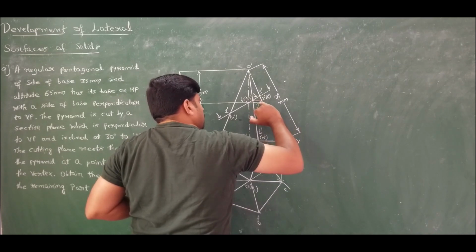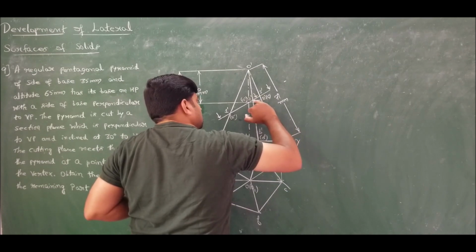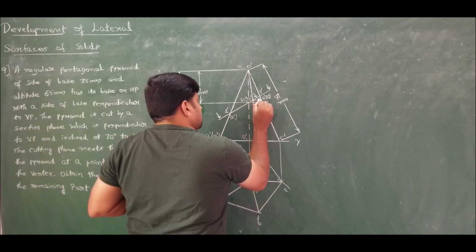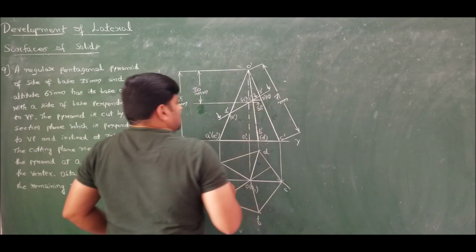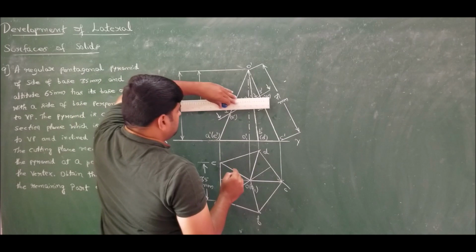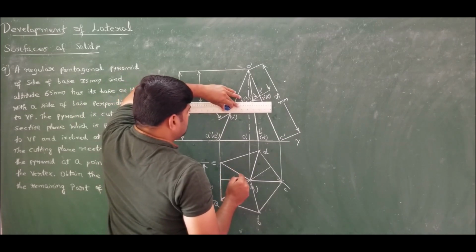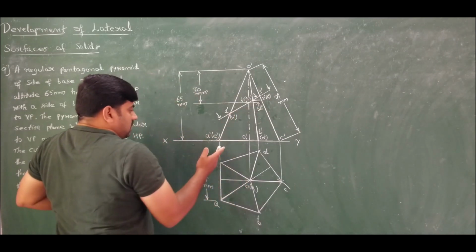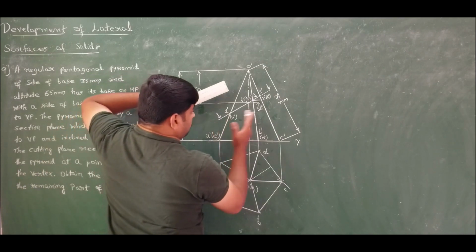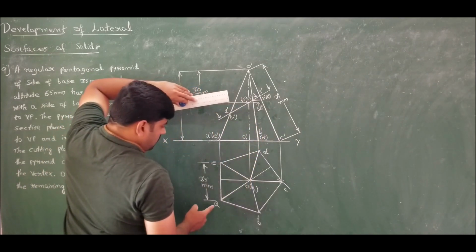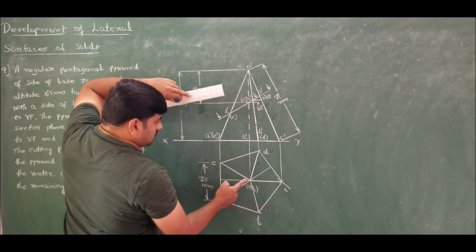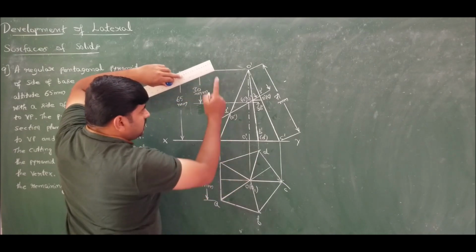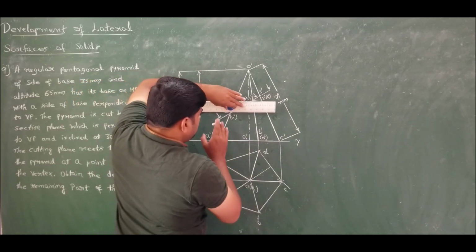Here for marking points, it is important to lay down the cutting plane. 2 dash 4 dash, and then here we have 1 dash 5 dash. Now transfer 1 dash 5 dash to here, because AO and EO are not parallel to VP.